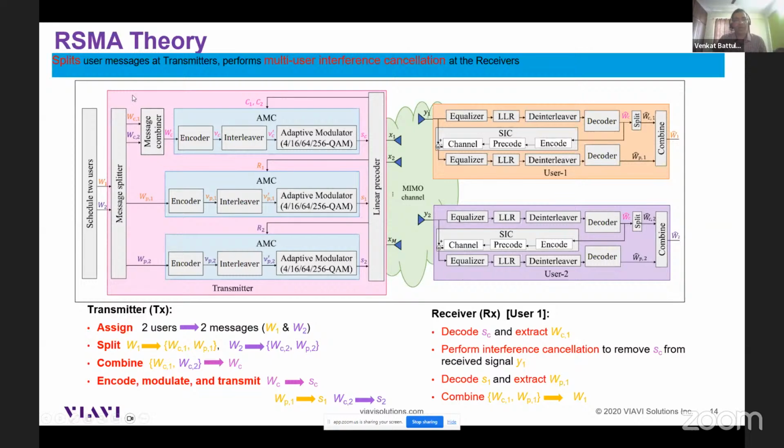One is the common part and the other is the private part, and that is done for both users. The common parts of both users are combined, and then go through traditional encoding. Then the private parts are encoded as they are, without any changes.